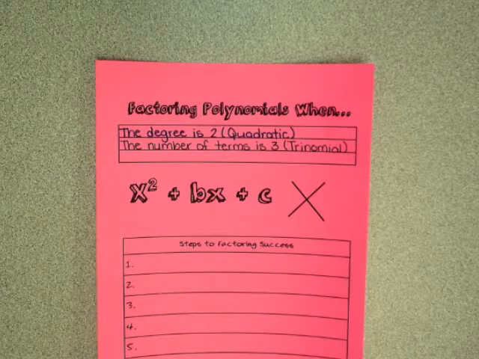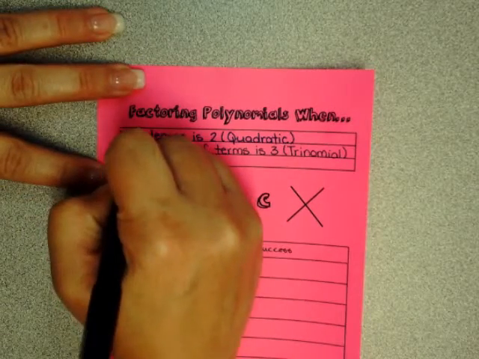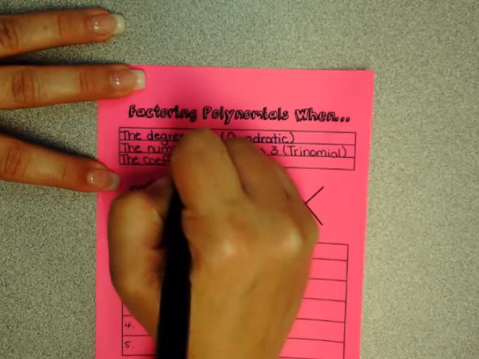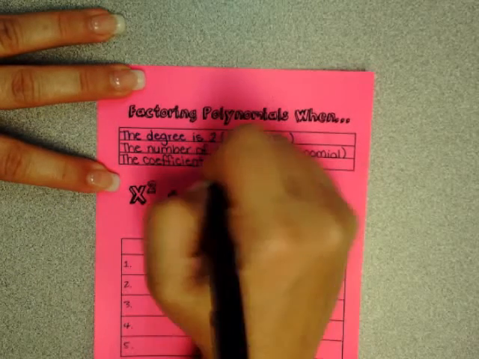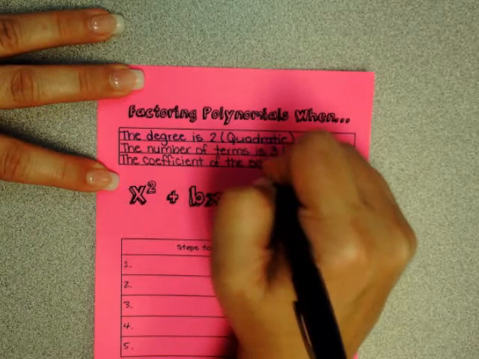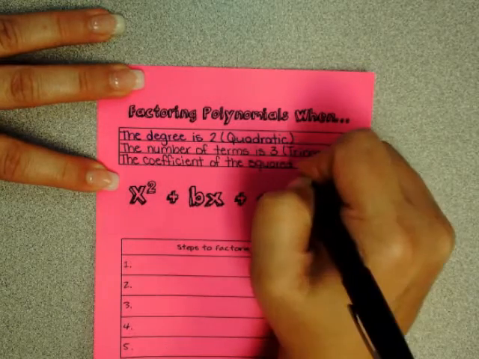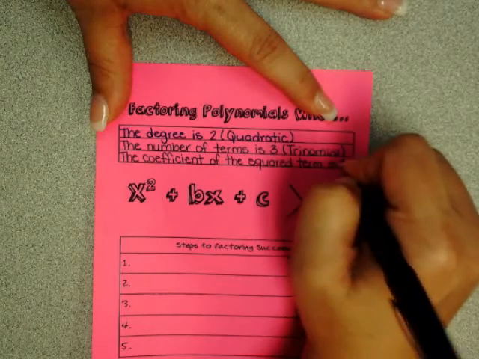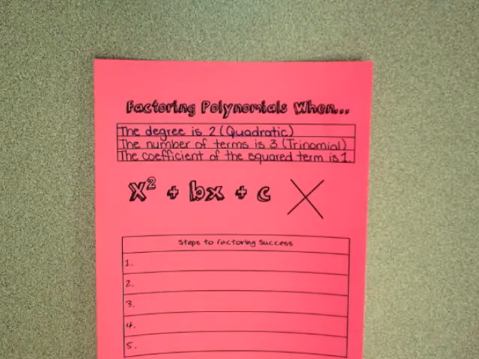And the last and the most important condition is that the coefficient of the squared term is 1. Okay, so super duper uber important.